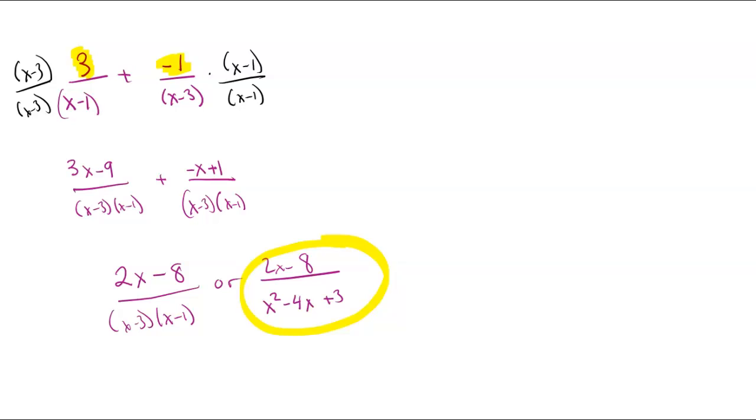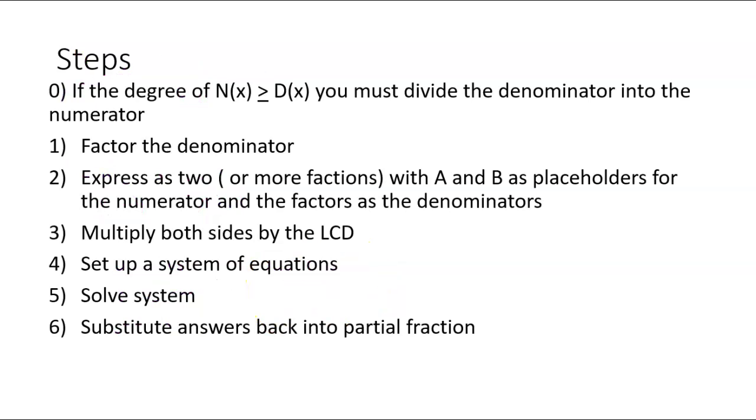So the first thing I did is write out the steps for you. Here are the 6 steps. The first step I call step 0, right here. What you want to focus on is whether your numerator is larger than your denominator. This would be something like x cubed plus whatever over x squared plus whatever.